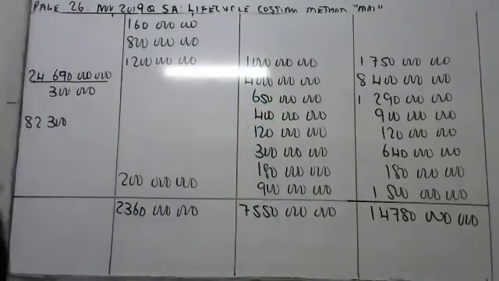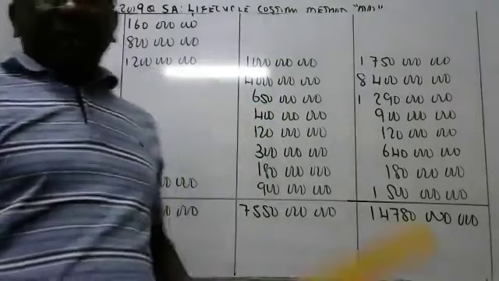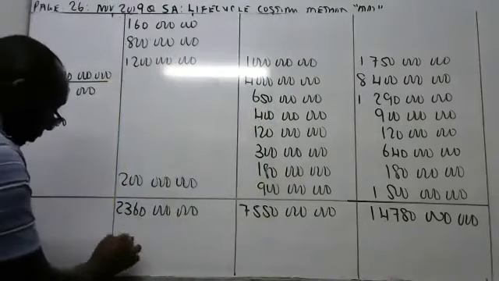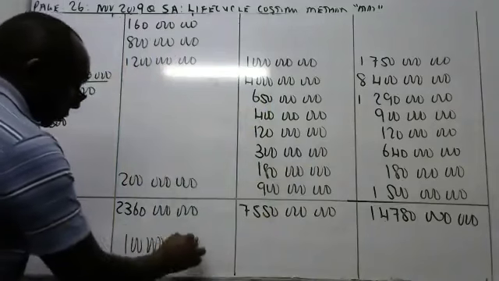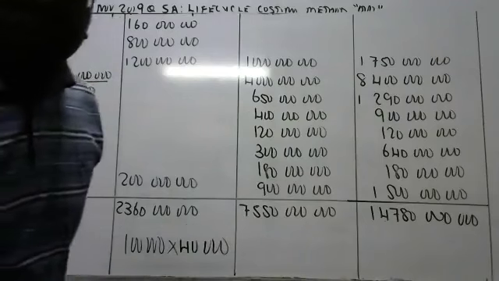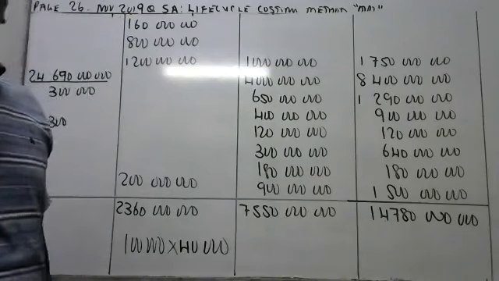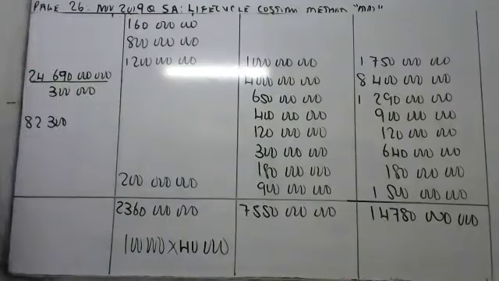It is 100,000 units. It's not 100. It is supposed to be 100,000 times 40,000. Sasa wewe ulitumia 100. Ukaweka hizi 3 zeros. Have you seen that? Yeah, now it should be okay.